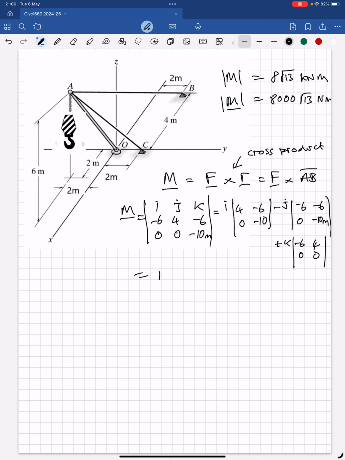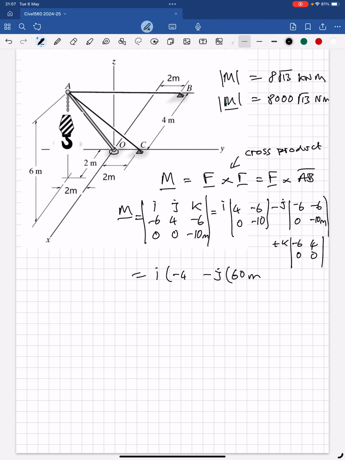Expanded that, we have i times minus 40m minus j times 60m. Sorry, I wrote that wrong, that's actually 40m, this is important, 40m, minus 60m, plus 0k, so we don't need to write that, but we'll leave it in there.